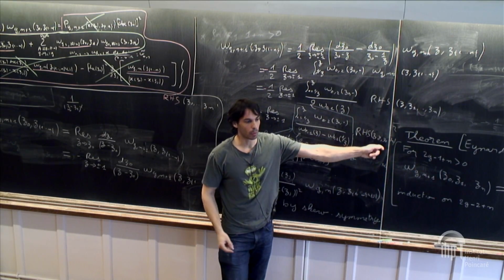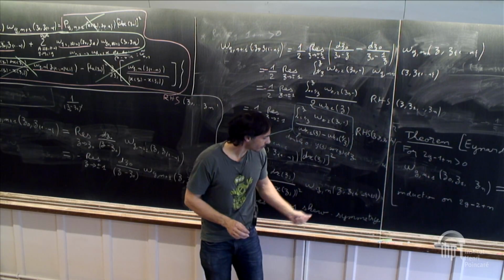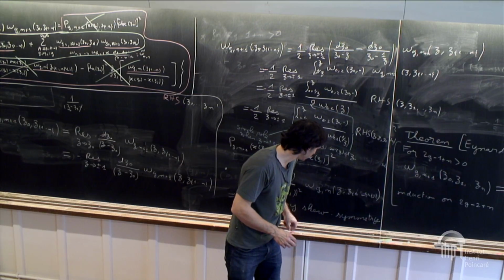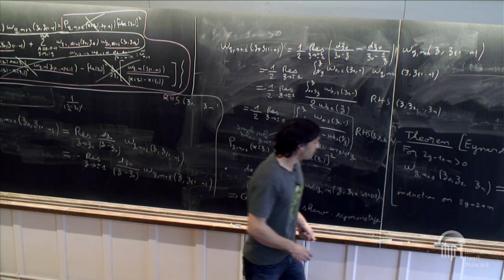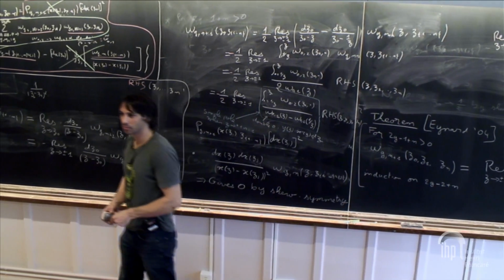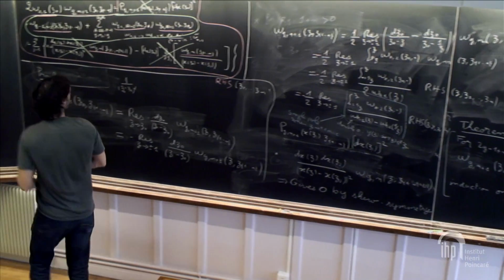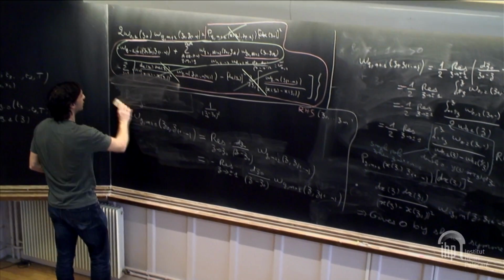And then I can flip one of them to get z, 1 over z. OK. Is there any other question about this? OK, so I can erase that.